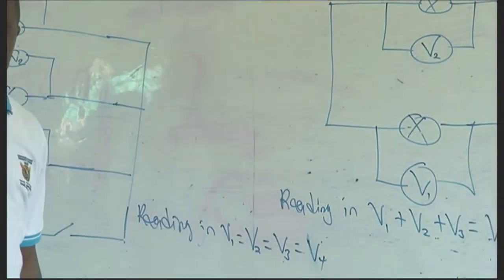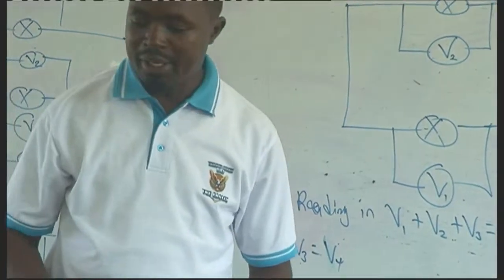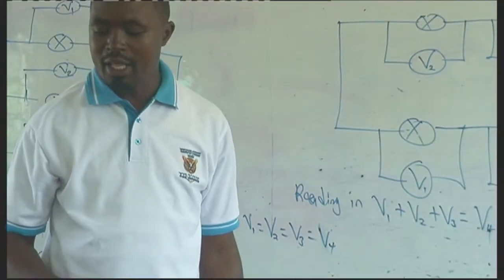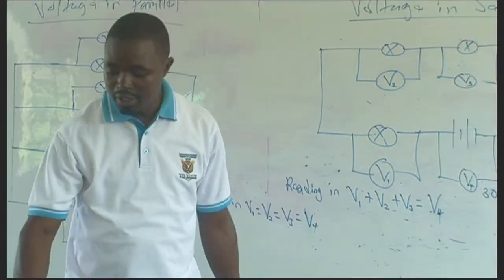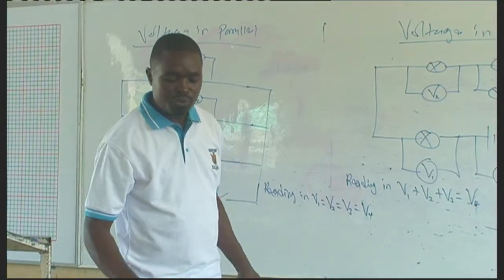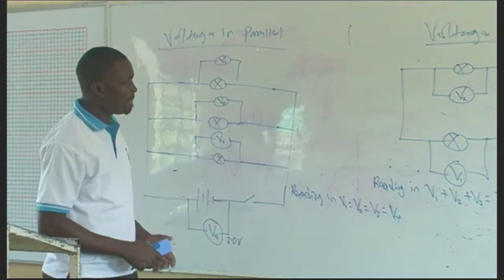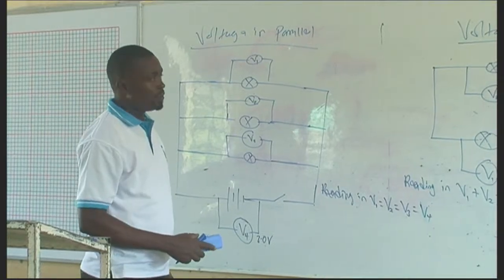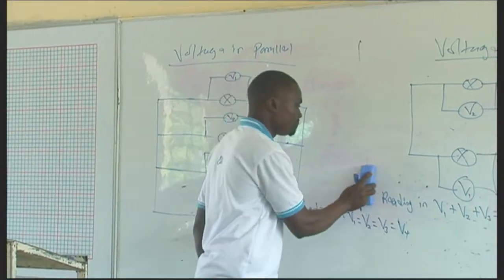Now, having known how we can measure and record the voltmeter reading and the ammeter reading in both series and parallel, we can now move to the next subtopic, which is known as Ohm's law.